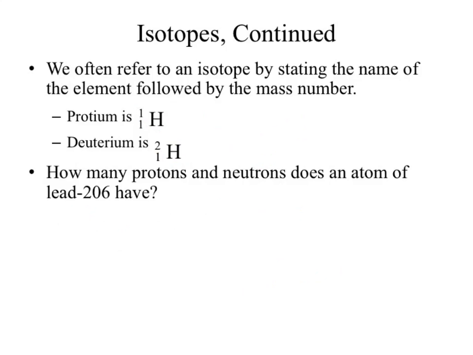How many protons and neutrons does an atom of lead-206 have? What's our first thing that we're going to have to do? Identify our element on the periodic table. Lead has what symbol?